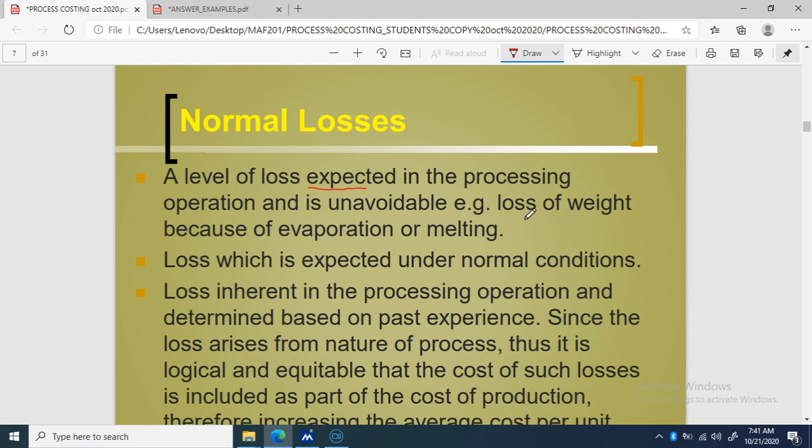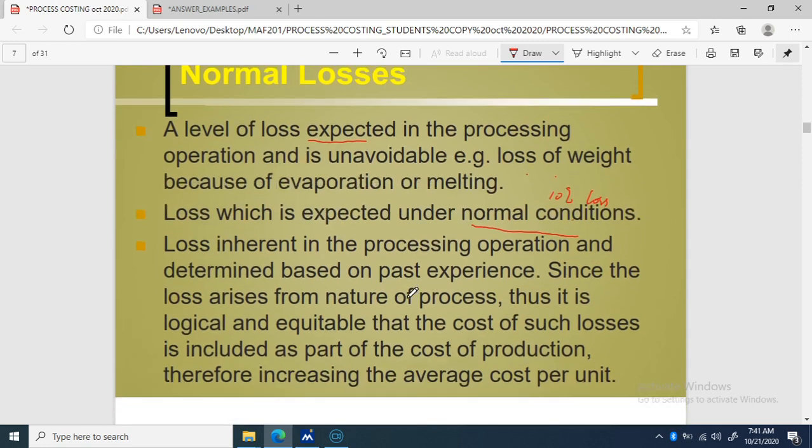For example, when you put in 1 liter of water, based on experience you know the loss at the end of the boiling process is 10%, so your output is only 0.9 liter. That loss is expected under normal conditions.